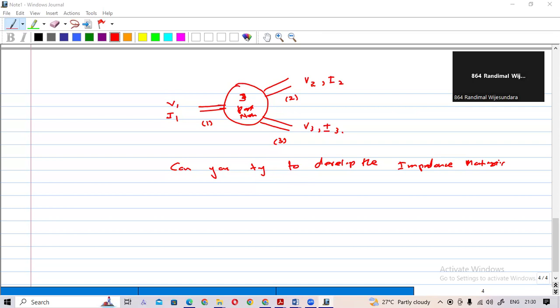Yeah, there should be 9, okay? So try to develop the impedance matrix. Take 5 minutes.